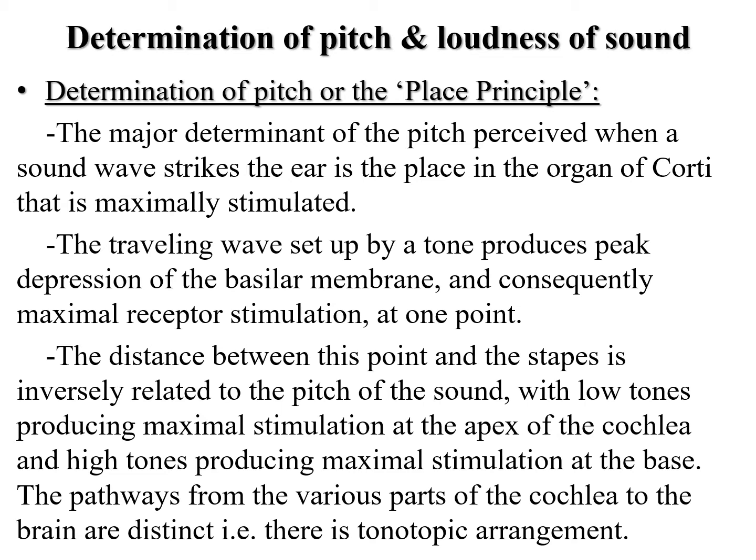If another part is stimulated, we will perceive another tone. So this is how tone is perceived by us. First of all, the place where the cochlea is stimulated is determined by the pitch, and that pitch also determines which part of the brain will be stimulated, and this is the place principle for determination of pitch of a sound.